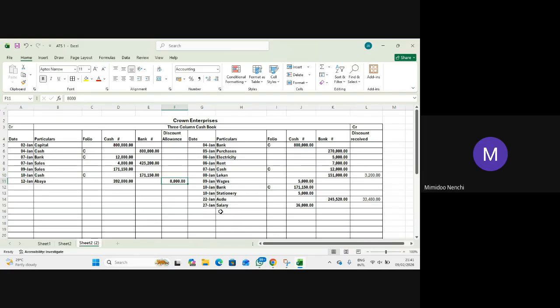Yes. So we now see, what's the date? 28th of January. Drawings account, ₦50,000. We will do check of 50,000 naira for personal use.